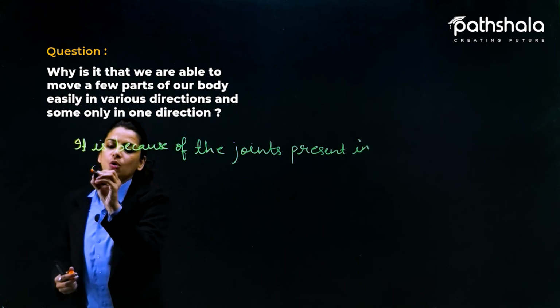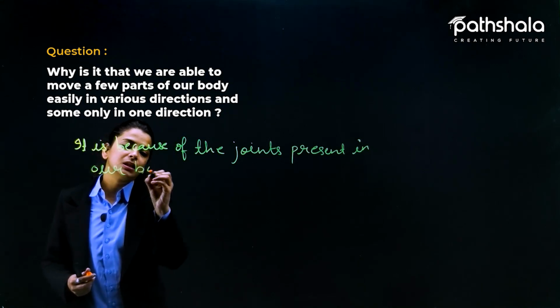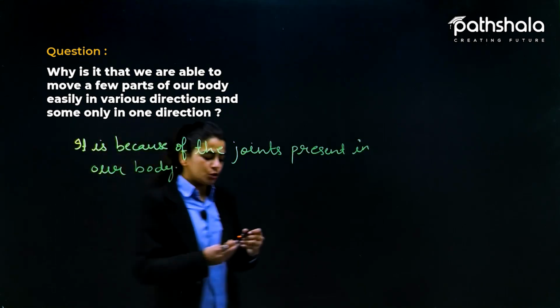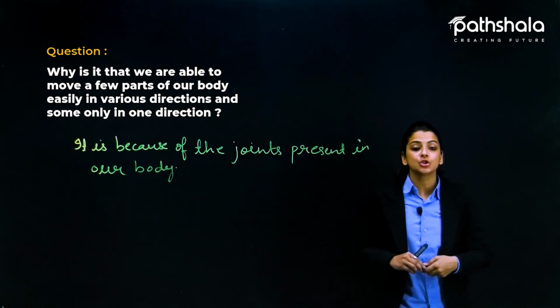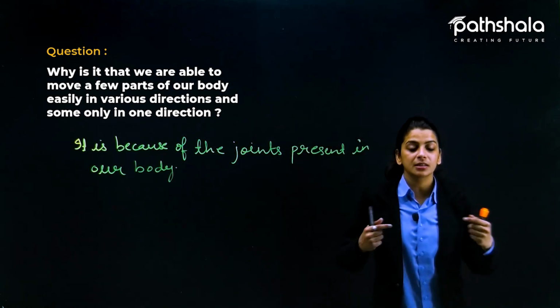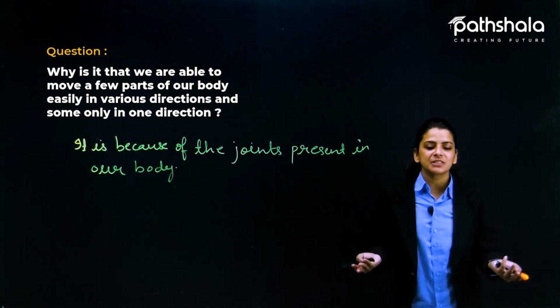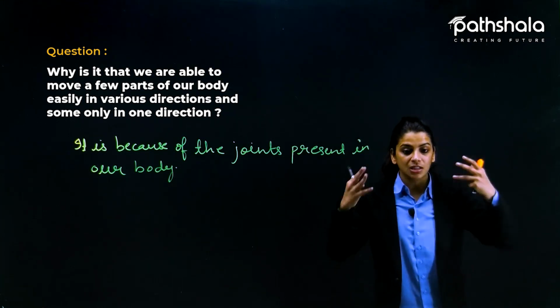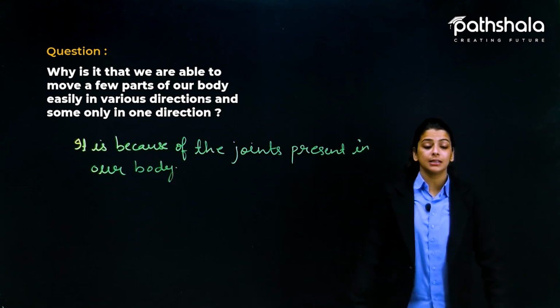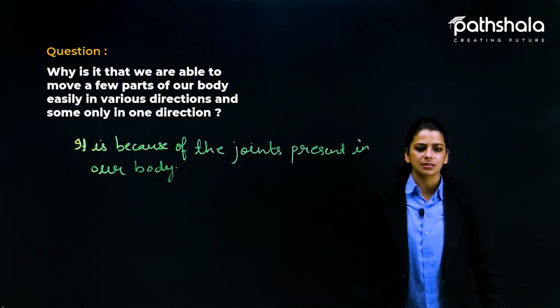Now what exactly are joints? Joints का आप हिंदी में अगर आप ट्रांसलेट करोगे तो joints ऐसी जगह होती है जहां से कोई चीज जुड़ती है. From where things join, that is joint. So in our body क्या चीज प्रेजेंट होती है? If I am standing like this, why am I standing like this?